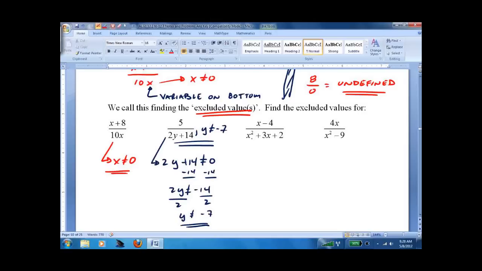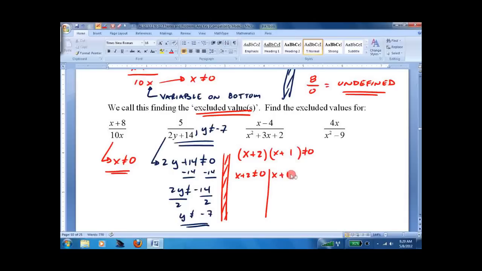This one is both harder and easier. We don't have to do quite as much math as this one over here, but we do have to factor it, which some of you are still struggling with. This is an easy factoring one because it's plus plus, and there's only one thing that multiplies up to 2. So now I say that cannot equal 0. X plus 2 cannot equal 0.